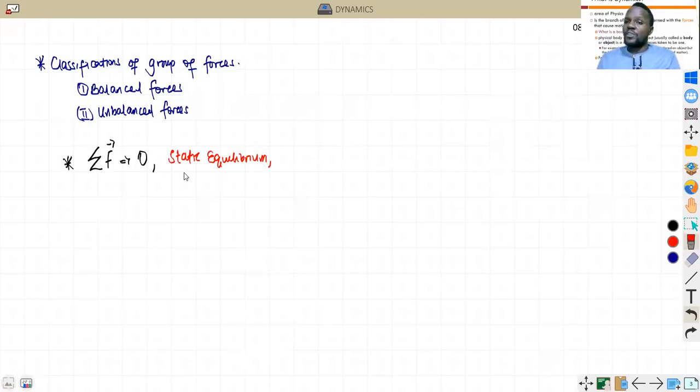So when there is no force acting on the body, another important fact you can write is that the acceleration of the body, which is a vector quantity, is also equal to 0. When we say force causes acceleration, force is equal to 0, what happens to acceleration? It is also equal to 0. I hope I'm communicating.